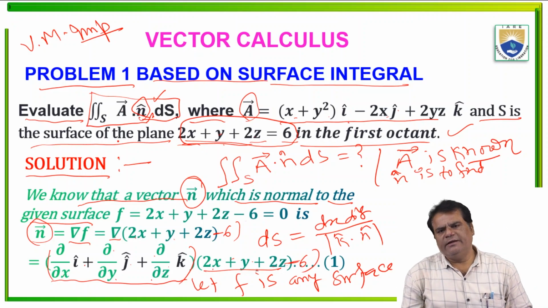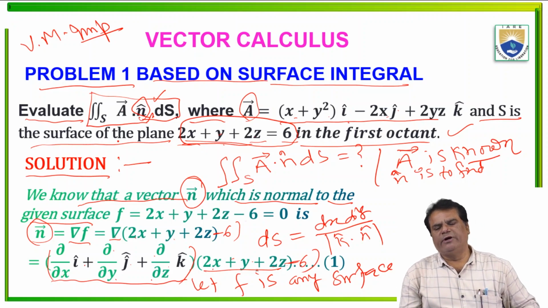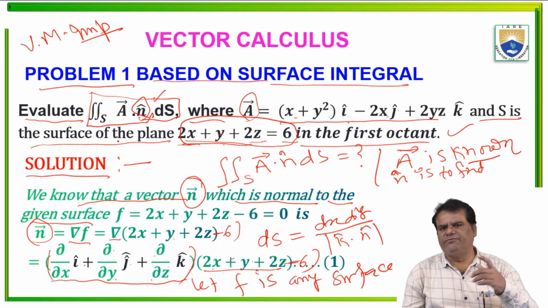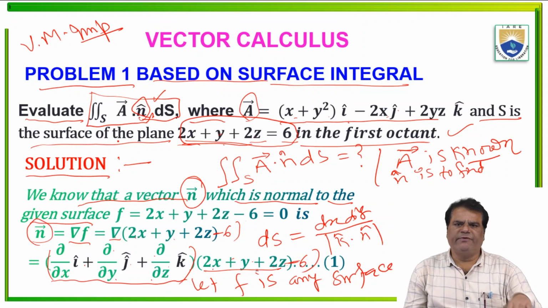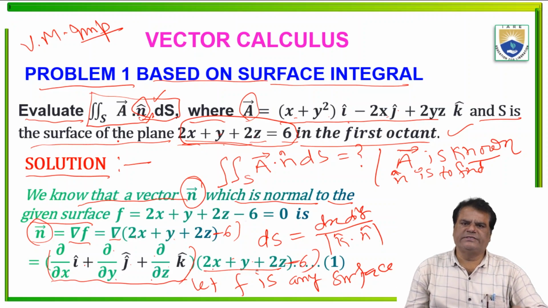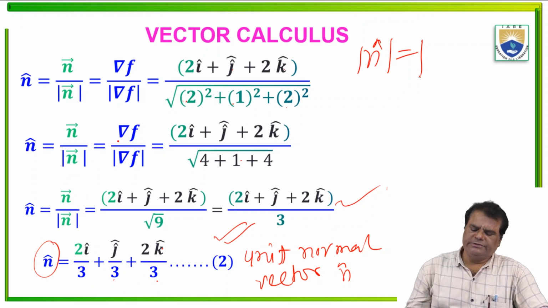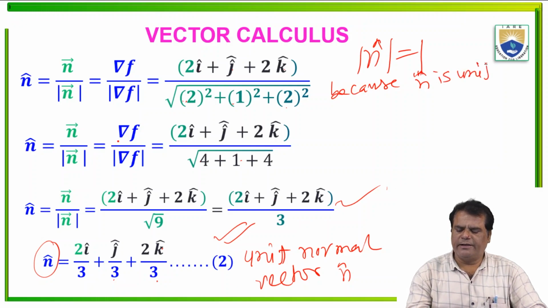After finding the n vector, we find the unit normal vector, which is also perpendicular to the given surface. A unit normal vector means a vector whose modulus is 1. After taking the modulus of n cap, we find the value 1. The modulus of n cap is always 1, because n cap is a unit normal vector.